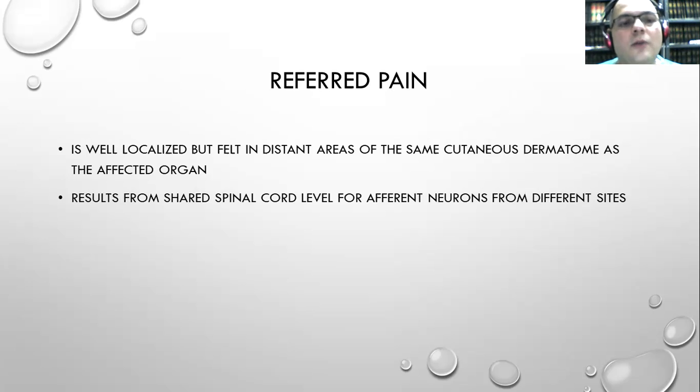This results from shared spinal cord level or afferent neurons from different sites. Certainly they have the same nerve which arises from the spinal cord, and they have the same afferent nerve, that is the pain receiving nerve, and therefore that specific pain will be a referred pain.